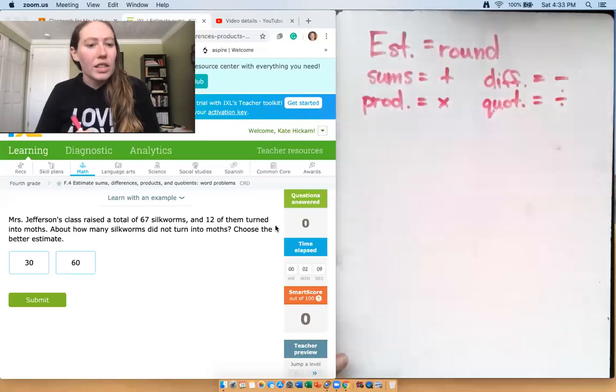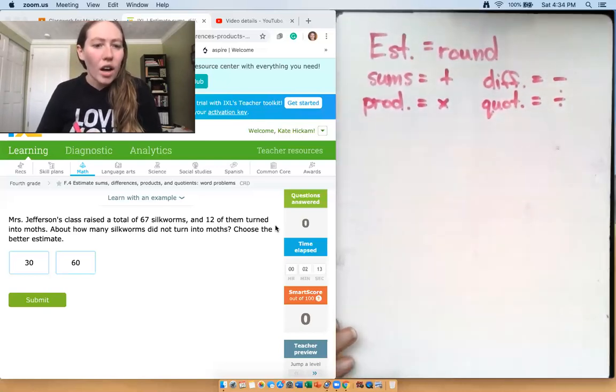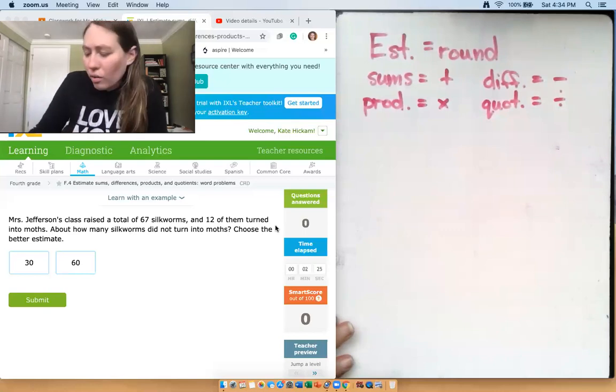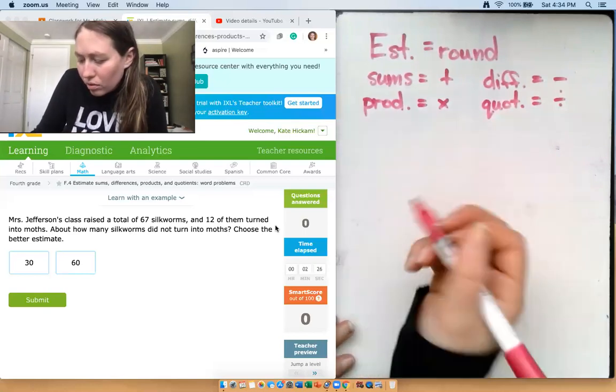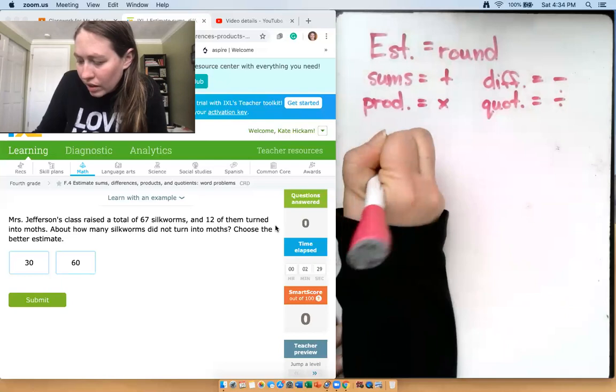So, first thing, it says, Miss Jefferson's class raised a total of 67 silkworms, and 12 of them turned into moths. How many silkworms did not turn into moths? So, we know that we have the total.